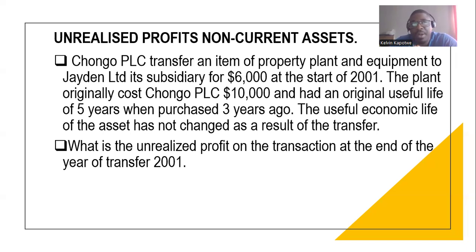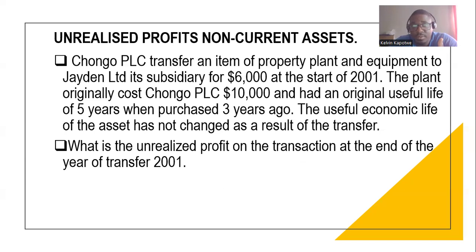The plant originally cost Chongo PLC $10,000. So the parent bought this asset at $10,000.